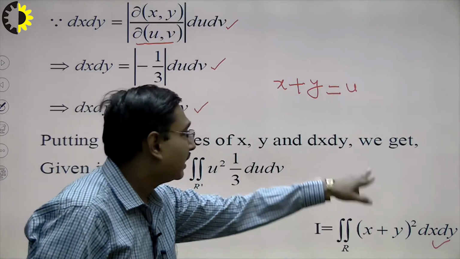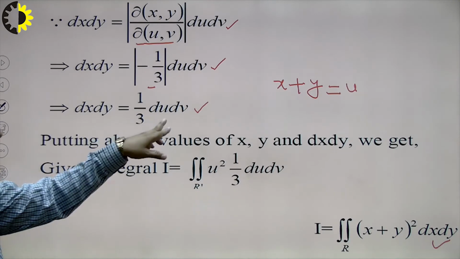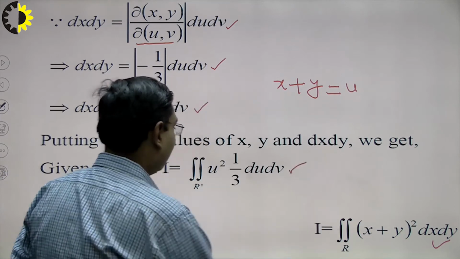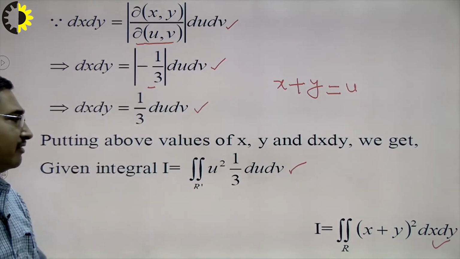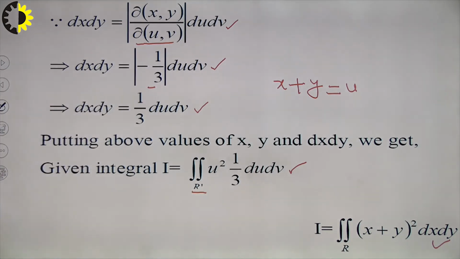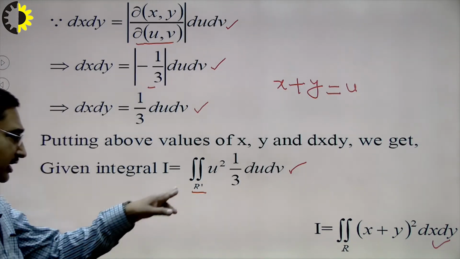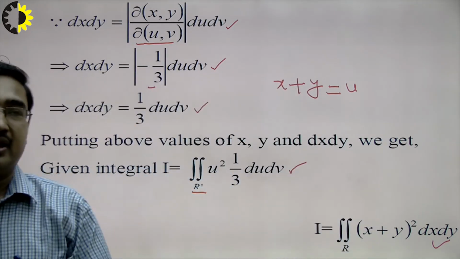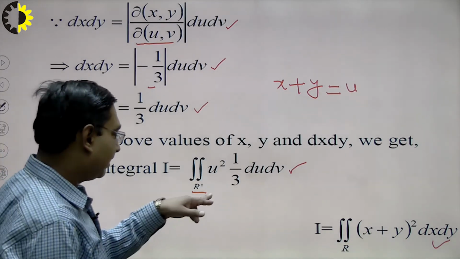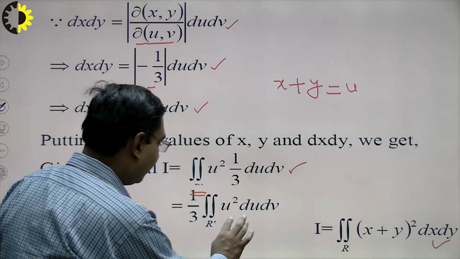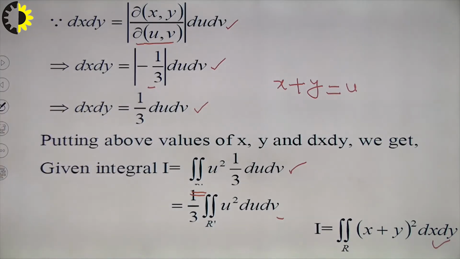Substituting x plus y equals to u, dx dy equals to 1 by 3 du dv, it gives the double integral of u square times 1 by 3 du dv, where the region is replaced by R dash because the integral is transformed into u and v. So the region of integration will be transformed in terms of u and v, and therefore I have renamed the region as R dash. Simplification gives 1 by 3 double integral over R dash of u square du dv.